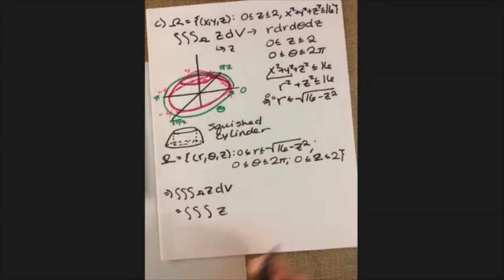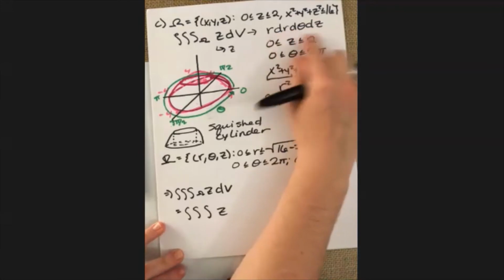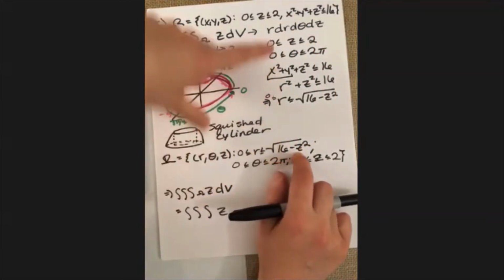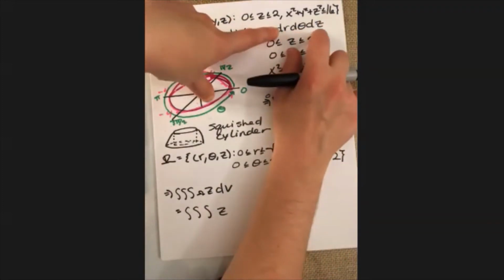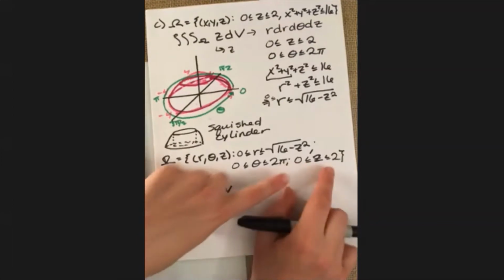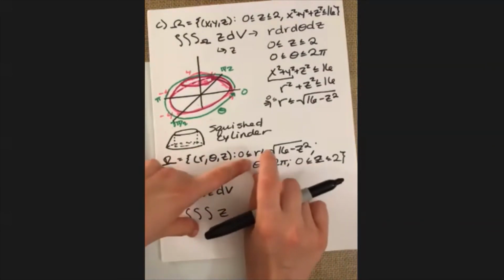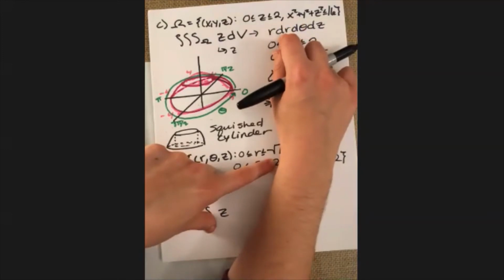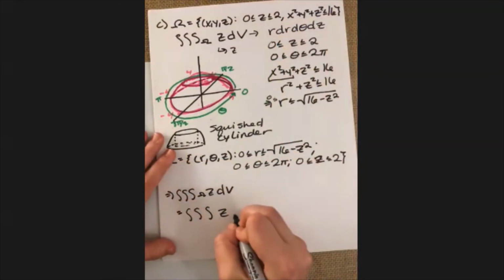In this particular instance, the order of these is really important because we have bounds on r that are dependent on z. So we need to make sure that dr makes an appearance before dz. Theta versus z doesn't really matter because both have numerical bounds. But because the bound of r has z inside of it, we have to integrate with respect to r before we can integrate with respect to z.